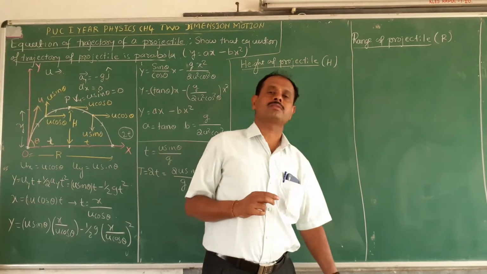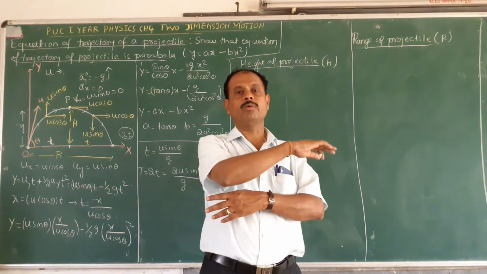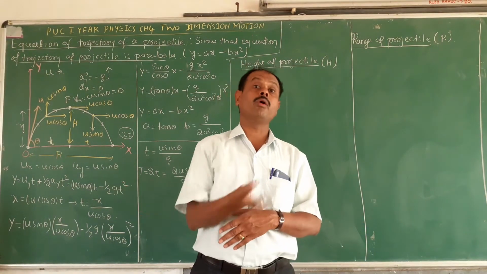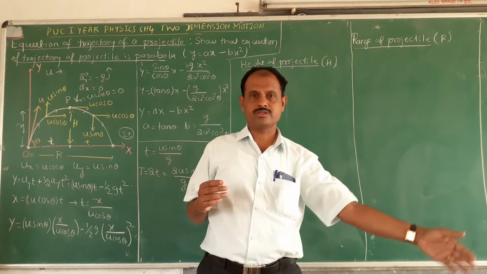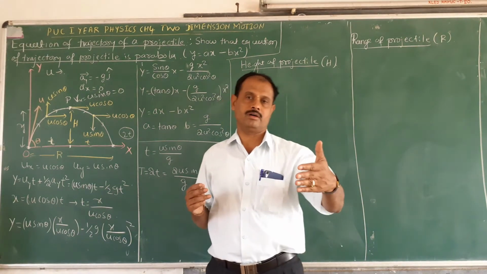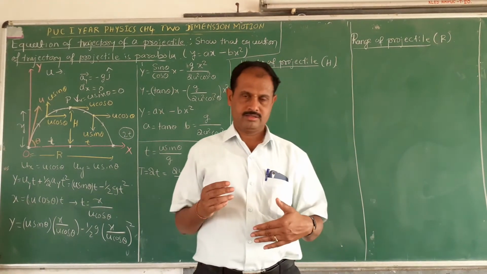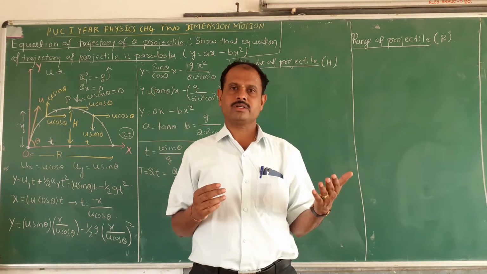What are the examples? You throw a ball, striking a cricket ball, that ball is moving like this. It is projectile motion. A satellite projected with the help of a launching vehicle is also projectile motion.